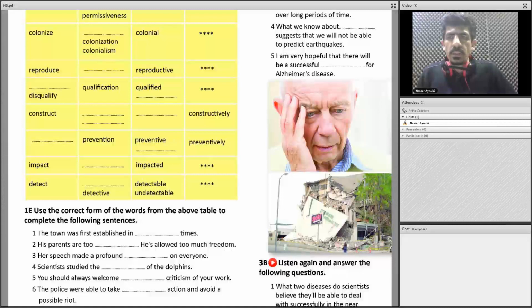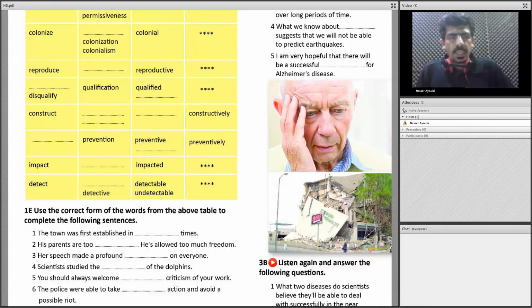Good. And the next one in the list is related to the word impact. Impact is the verb. Impact means to affect. The noun is again impact, with a different stress pattern. Impact, with stress on the second syllable, is the verb, but the noun is impact, with stress on the first syllable. And the adjective is impacted, which means strongly affected by something.